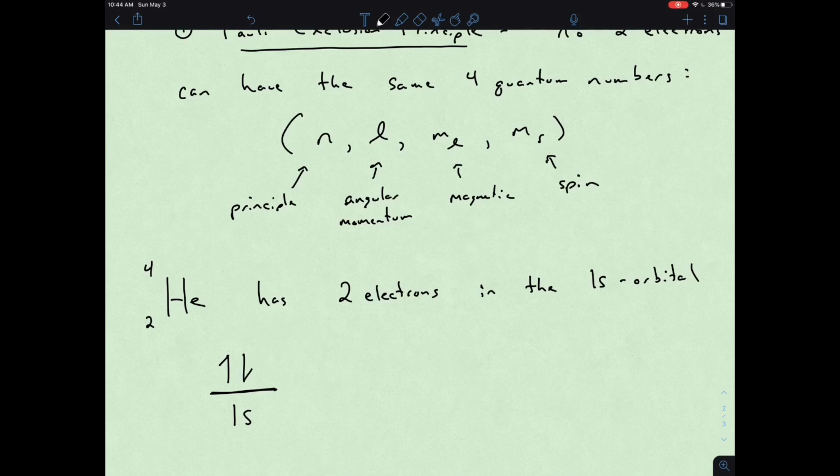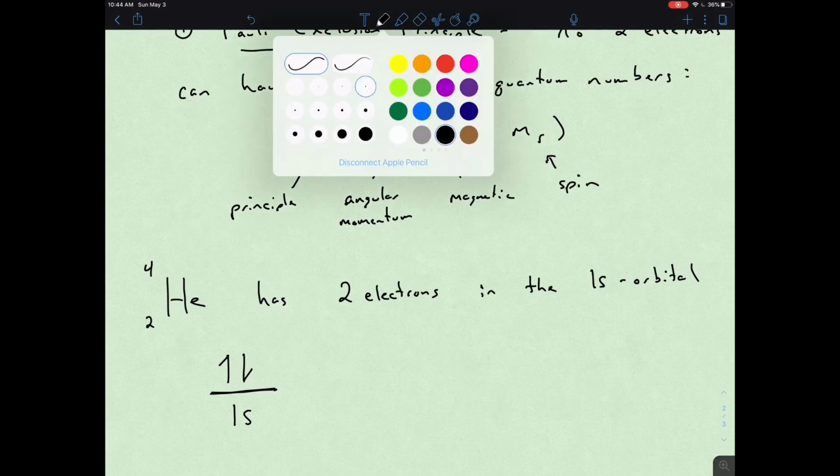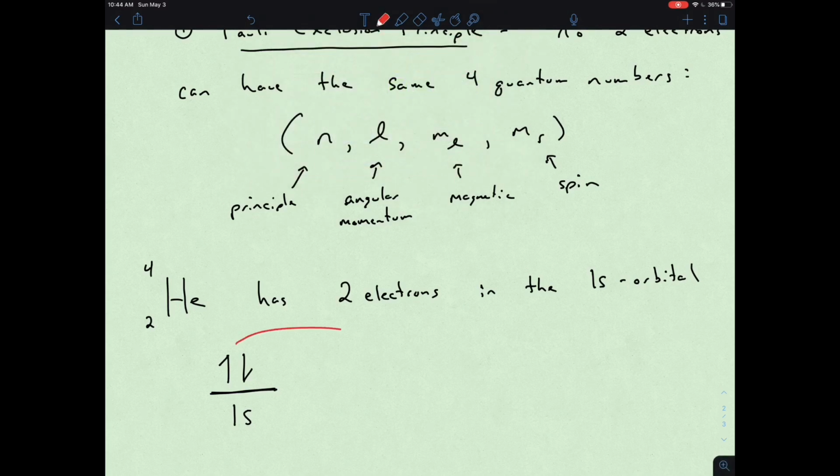If we look at each one of these, we find that they have different quantum numbers. What is n? Well, I'm in the first level. What is l? Well, I'm in the s orbital, so that's an l of 0.